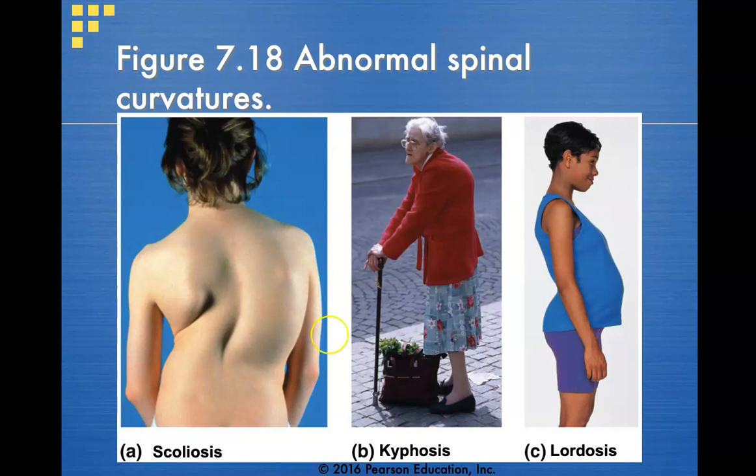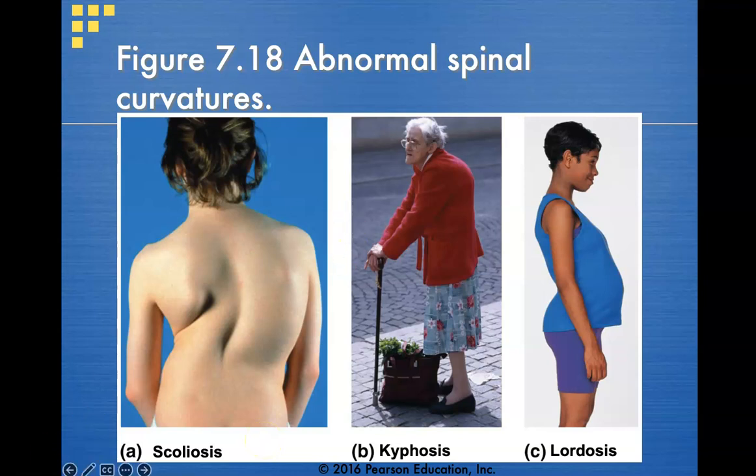It creates this abnormality where the spinal cord actually moves out laterally or sideways. So it creates this S-shaped spine, basically vertebral column here. So that's scoliosis. Again, obviously quite painful.